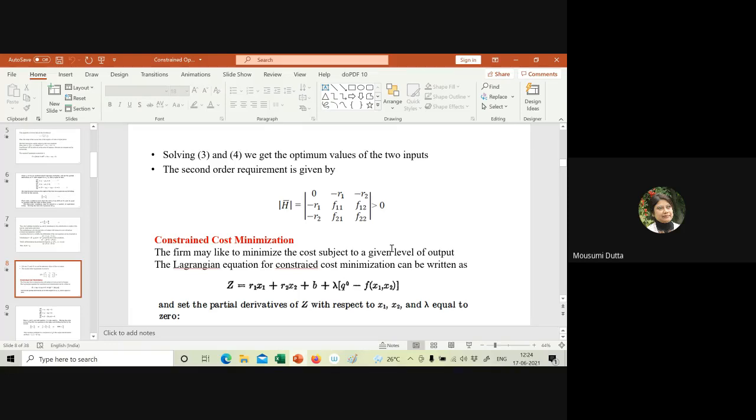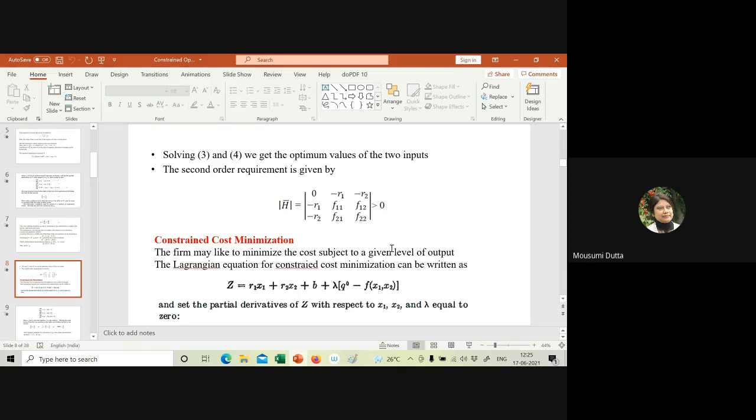This output maximization subject to the cost constraint is generally considered as the primal problem, whereas cost minimization subject to the output constraint is considered as the dual problem. So output maximization is the primal one, cost minimization is the dual one.